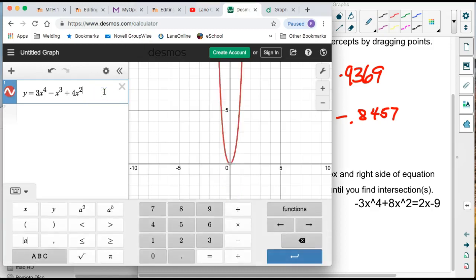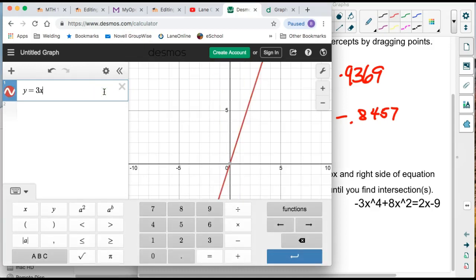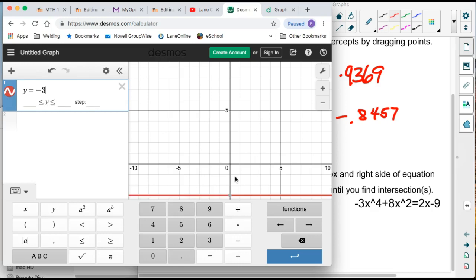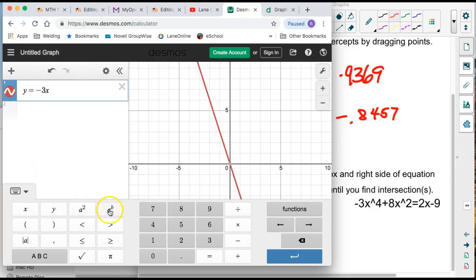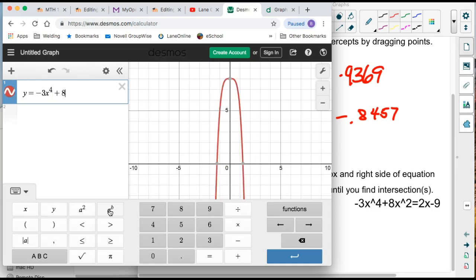So we're going to take this and do y equals, and then put in negative 3x to the fourth plus 8x squared.